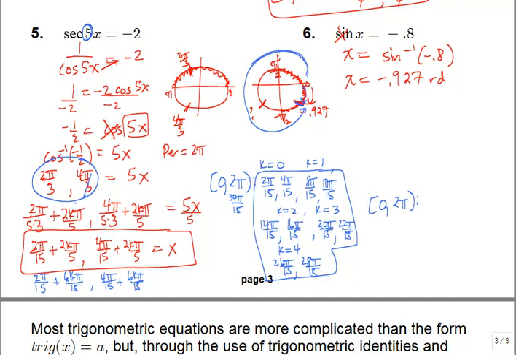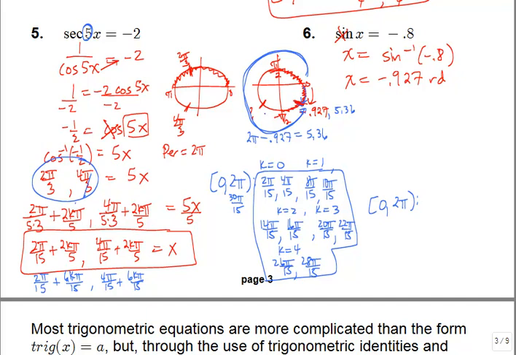So this angle going around here is 2 pi minus that 0.927, and that turns out to be about 5.36. So one solution over here in quadrant 4 is 5.36. That's what negative 0.927 is equivalent to, but as a positive angle. Okay, so we now know our quadrant 4 angle.